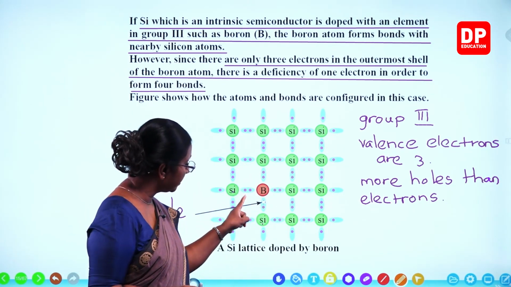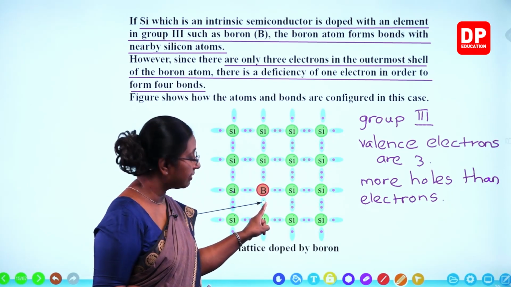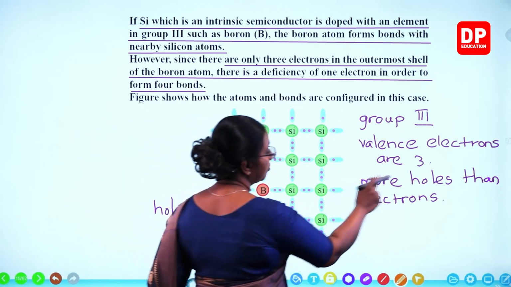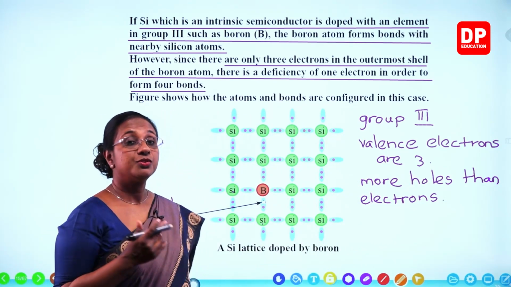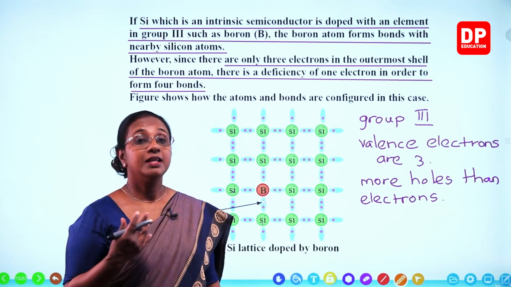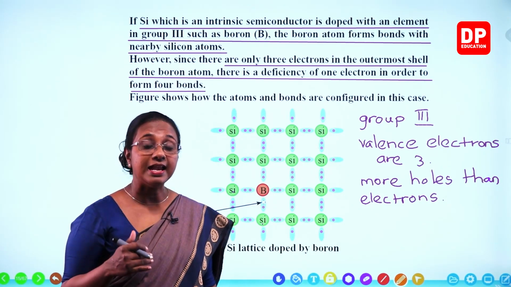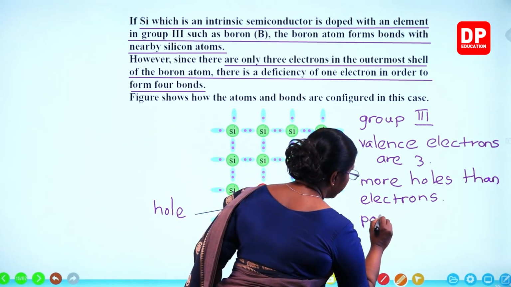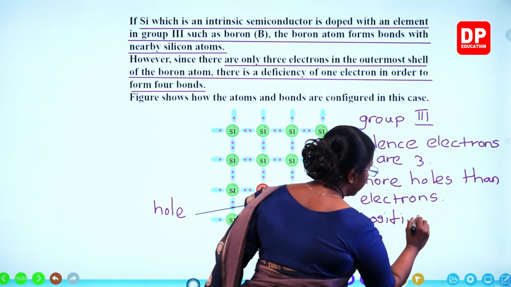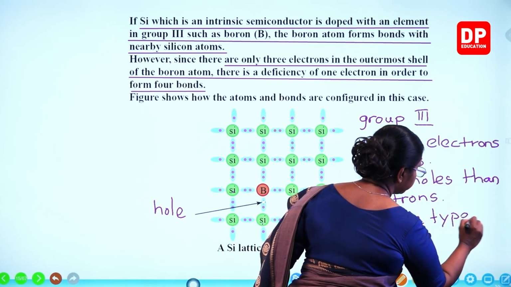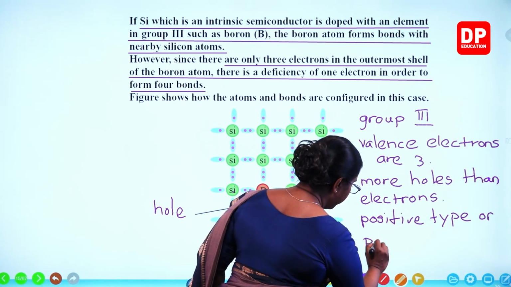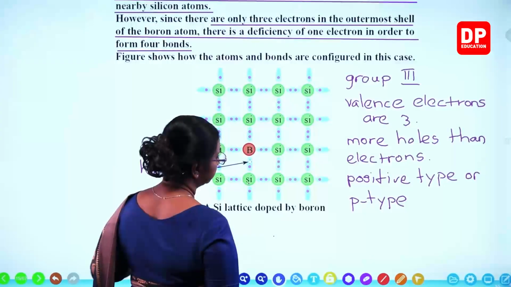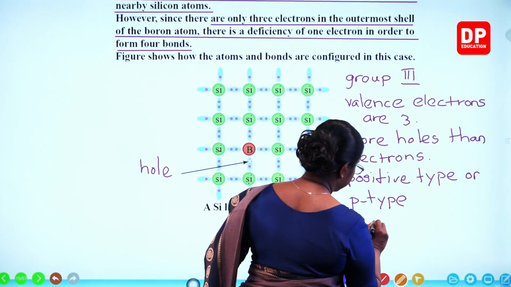But now because it is boron, there is 1 electron missing and we have a hole there. So there are more holes than electrons. So then what do we call this? There are more positive charges than negative charges. Because of that, this is known as the positive type, or p-type semiconductor. P-type semiconductor.